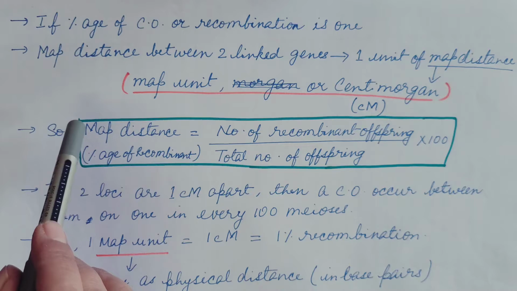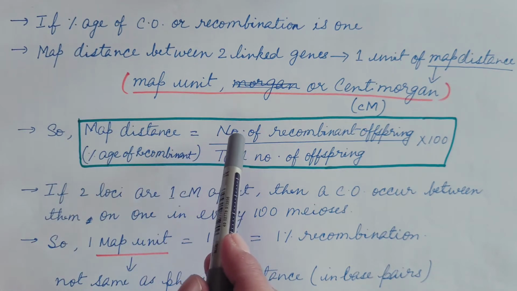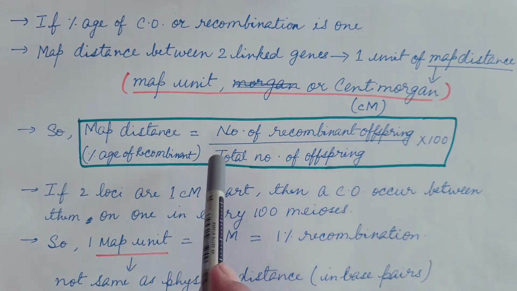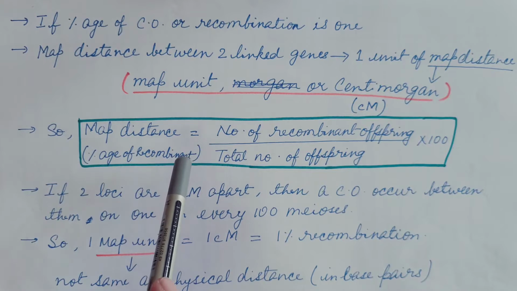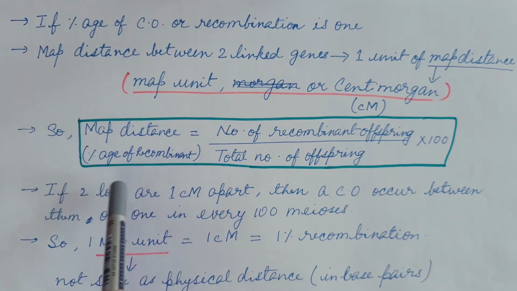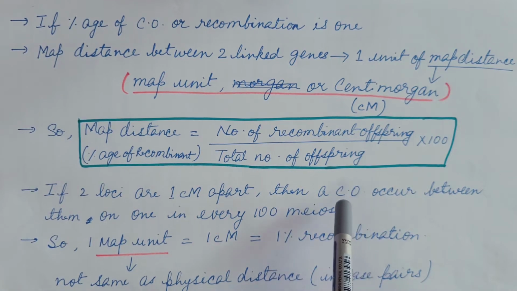We can calculate the map distance as the number of recombinant offspring divided by the total number of offspring, multiplied by 100. And this is only the percentage of recombinants. If two loci or two linked genes are 1 centimorgan apart, then a crossing over occurs between them in 1 of every 100 meiosis.